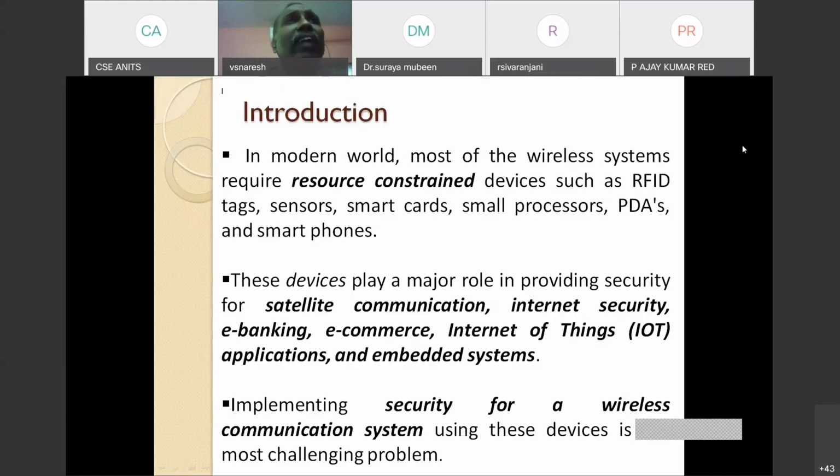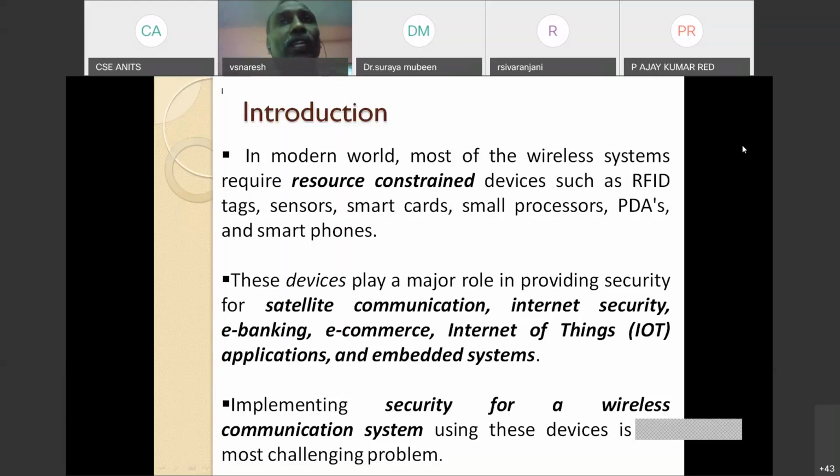These devices will play a major role in providing security for satellite communication, internet security, e-banking, e-commerce, Internet of Things applications, and embedded systems. You have traditional crypto systems, but they work for devices with high computational resources.